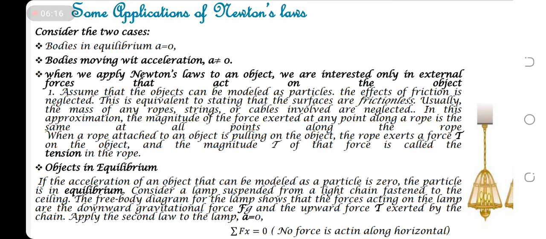When a rope attached to an object is pulling on the object, the rope exerts a force represented by T on the object, and the magnitude T of the force is called the tension in the rope.